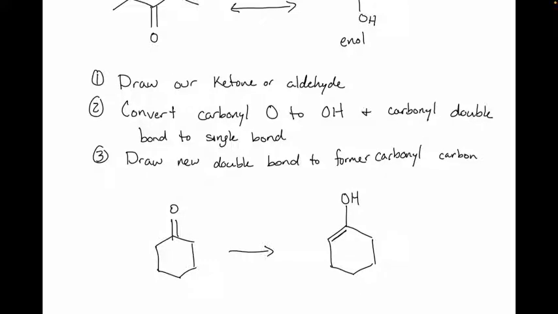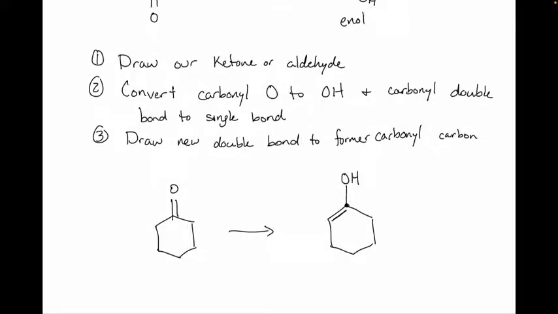That double bond importantly has to be located right next door. What was formerly the carbonyl carbon has to be involved in that double bond. I can't move it down there, for example. All right, so then maybe one that might be a little bit trickier.